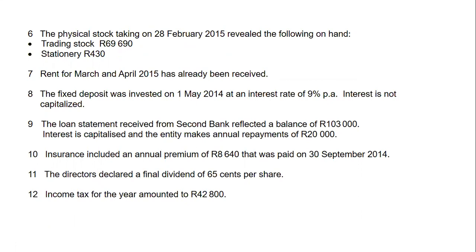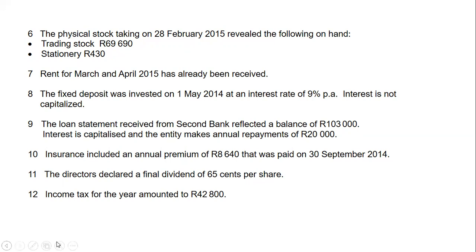So we pay them an annual insurance amount of 8,640, but we pay them on the 30th of September 2014. Annual means per year. So it'll cover us from the 30th of September 2014 to the 1st of October 2015. And that creates a problem because we can only recognize insurance expense that falls within the current financial year.